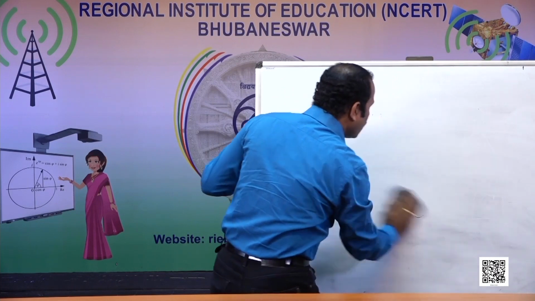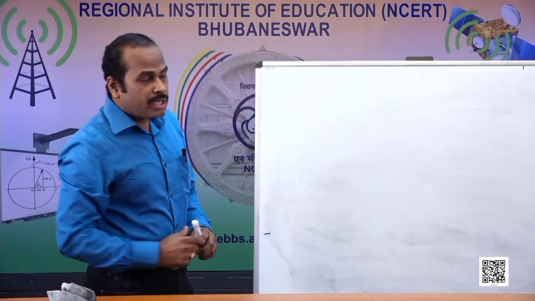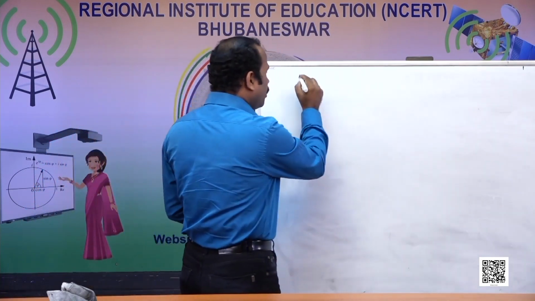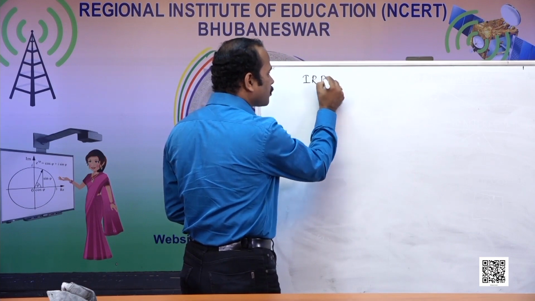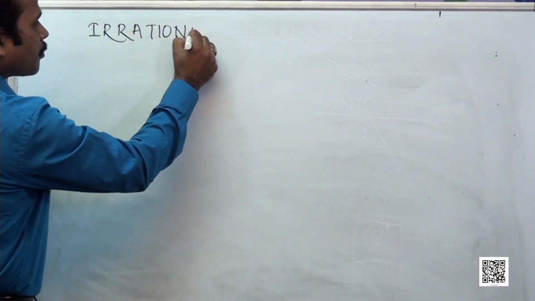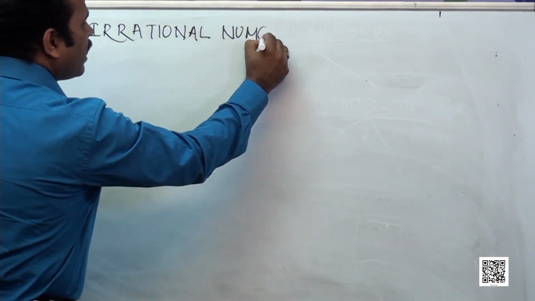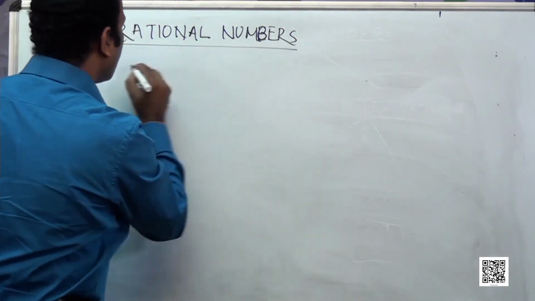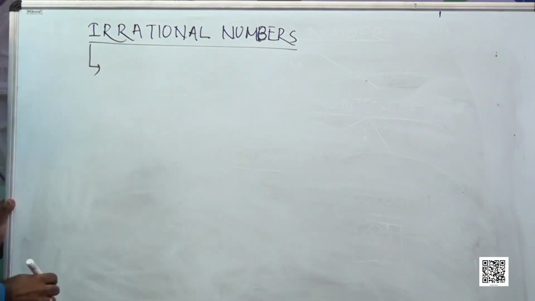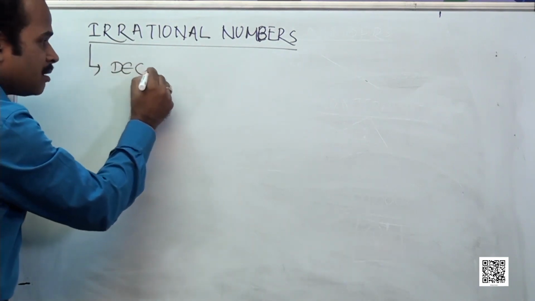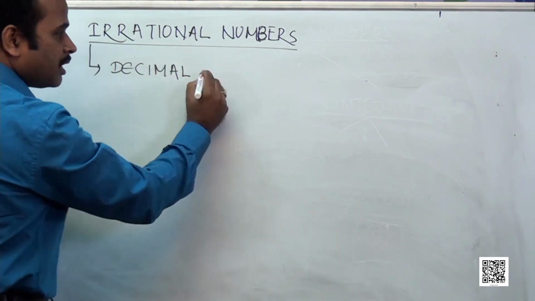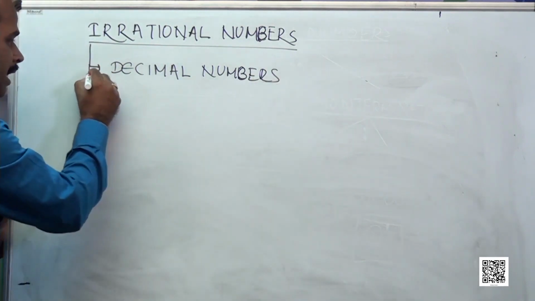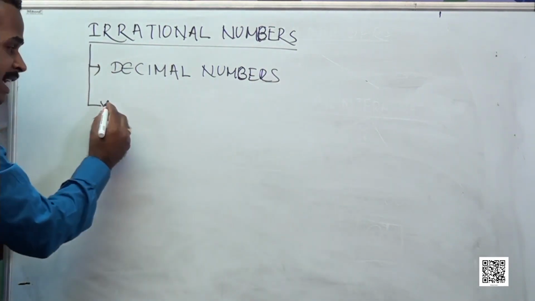These irrational numbers we can write in three different ways. For example, we can write these irrational numbers first in decimal expression, in decimal numbers, or I can write in real algebraic expressions.